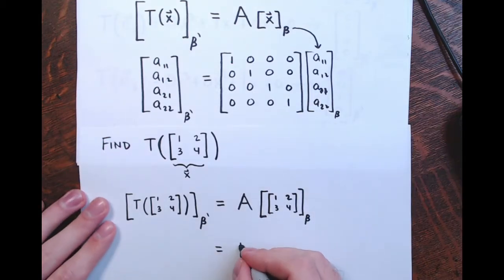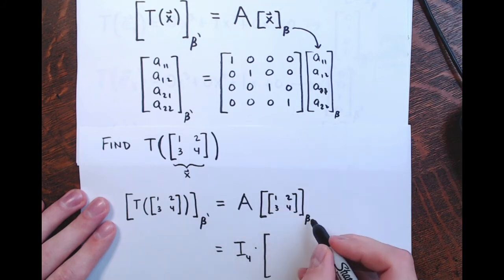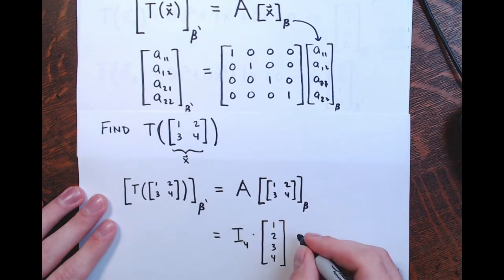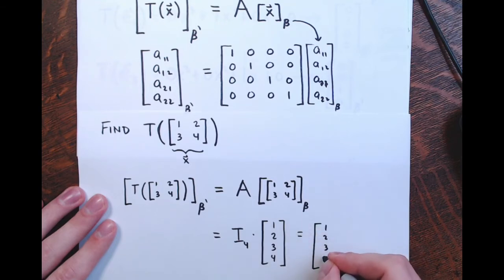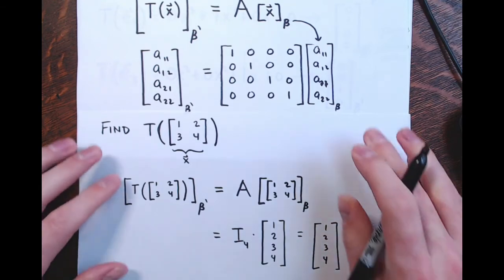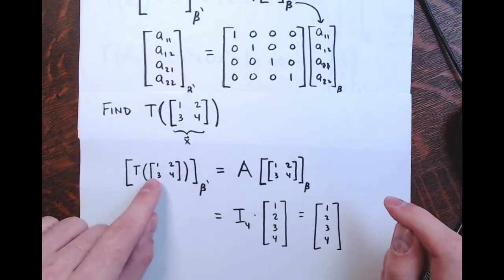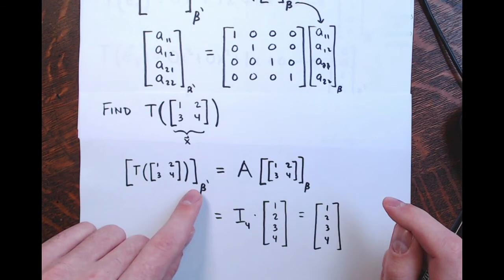And A is just the identity matrix I4, and this coordinate vector of 1, 2, 3, 4 relative to the standard basis B is just the vector 1, 2, 3, 4 going up and down like this. And so we get 1, 2, 3, 4. And this is telling me that 1, 2, 3, 4 are the coordinates of my output relative to basis B prime.